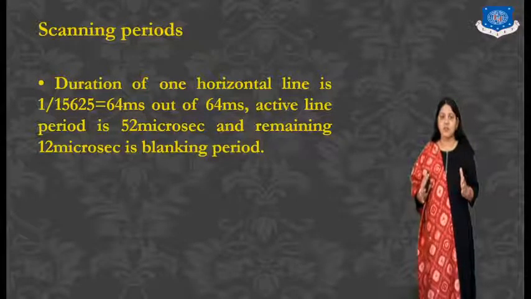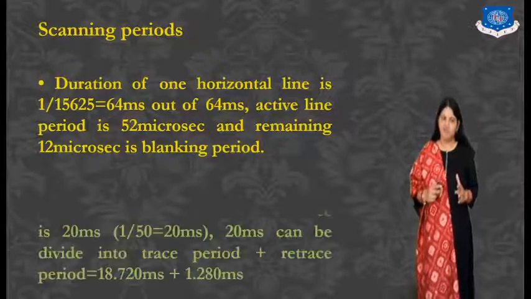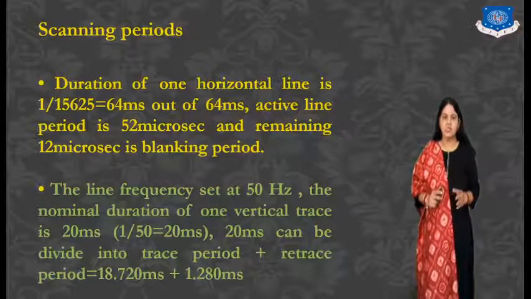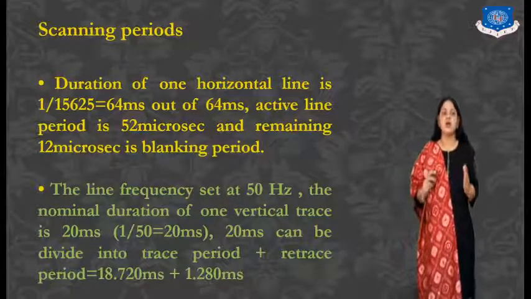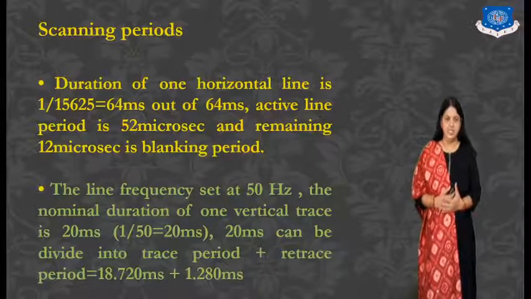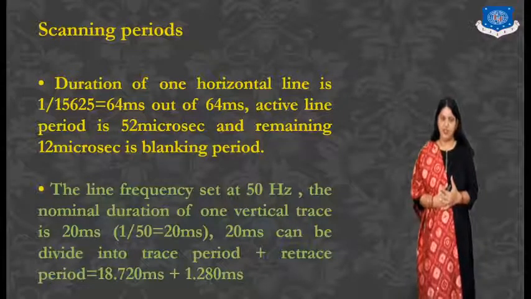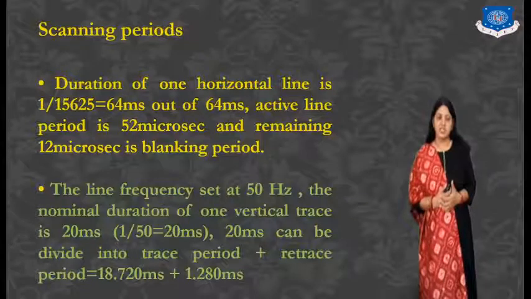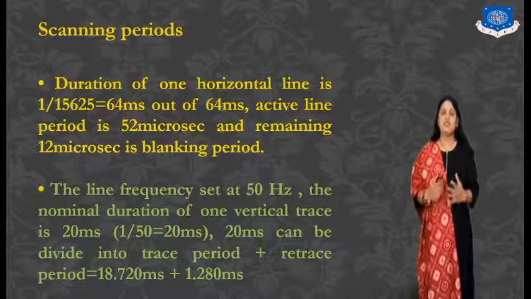The trace period is 52 microseconds and the retrace period of 12 microseconds is known as the blanking period. The field frequency is set at 50 Hz, so the nominal duration of one vertical trace is 20 milliseconds, that is 1/50.